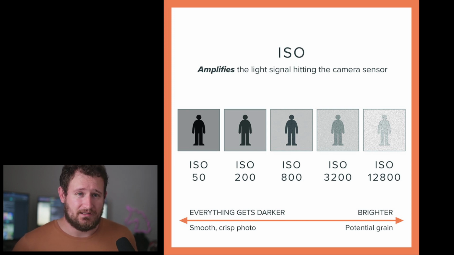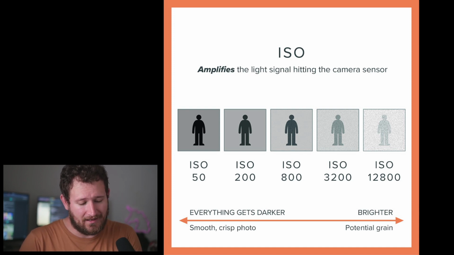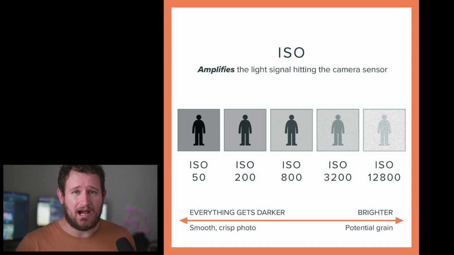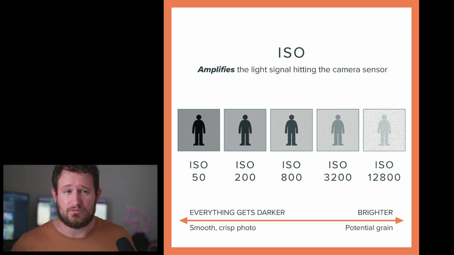So what this means is, if I shoot at ISO 3200 on my camera, I am happy to deliver those photos to my clients because they will not be as noisy as higher ISO values, but I know that at ISO 3200 I'm still getting relatively clean results which my clients will be happy with.